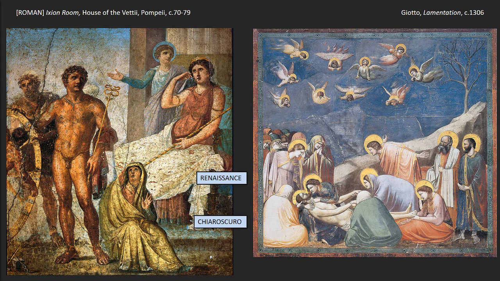Right? A rebirth of classical styles. So the same sort of modeling that we see in Giotto is something that we see back in ancient Roman art. And that idea of rebirth is why when we talk about Giotto, we talk about it as the birth of the Renaissance. Why when Vasari wrote the Lives of the Artists, he says it all starts here, right? The first light of the Renaissance.